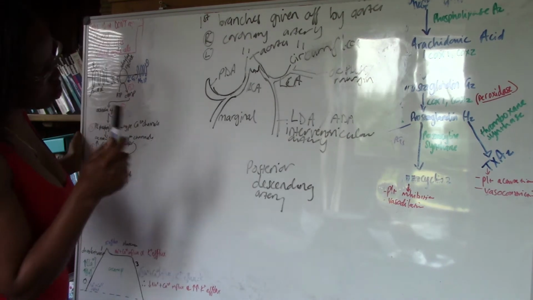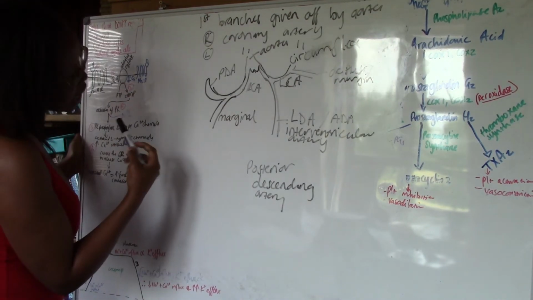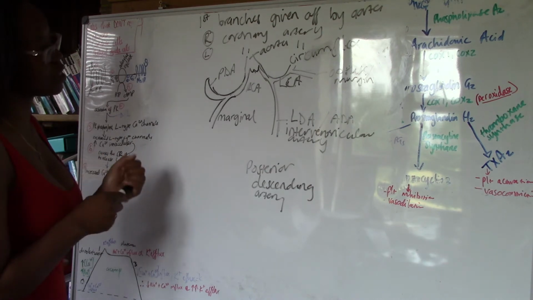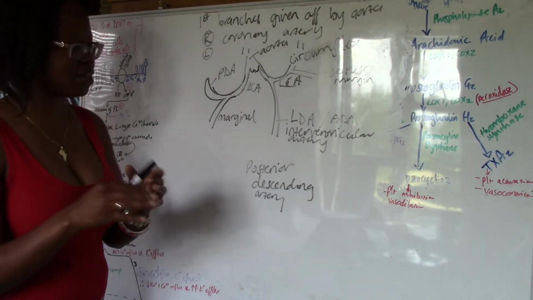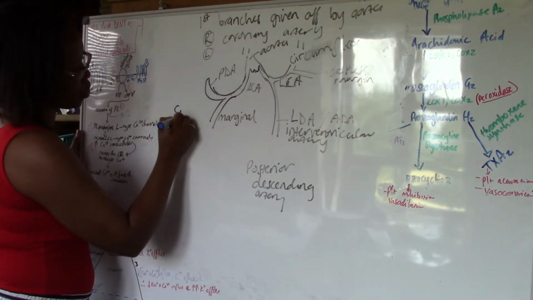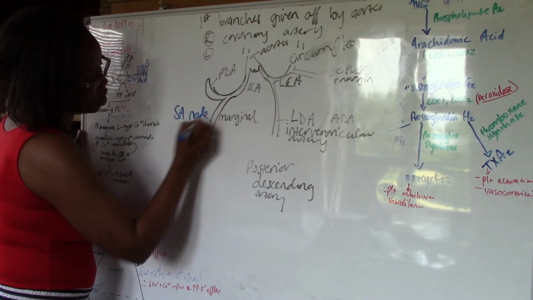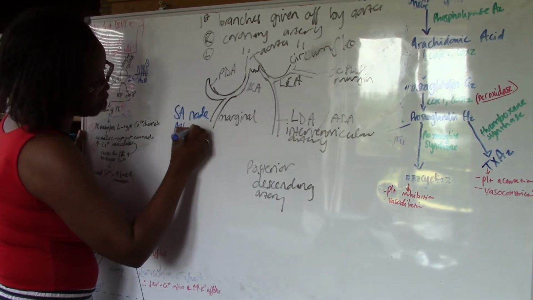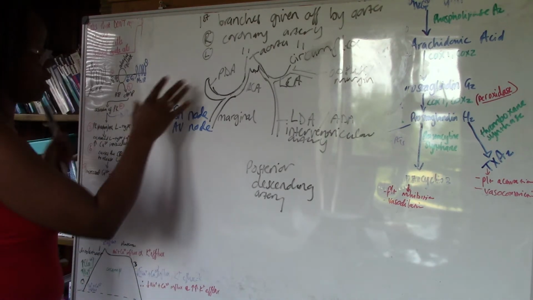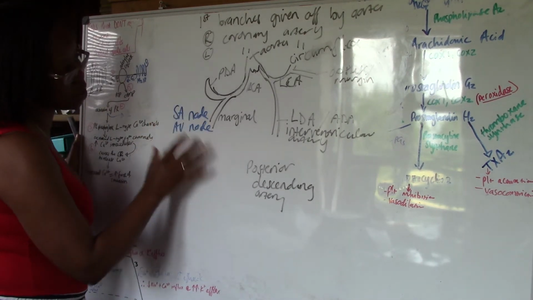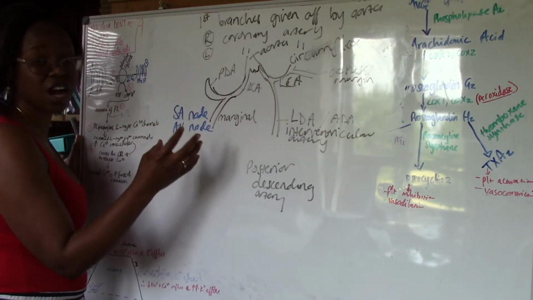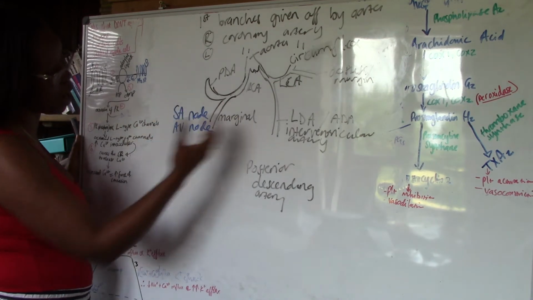So if we were to start on the right, the right coronary artery mainly supplies the right side of the heart, but importantly, it supplies the SA node and the AV node. And obviously the SA node and the AV node are what generate the impulse which causes the cardiac muscles to contract, or which actually causes the heart to pump.